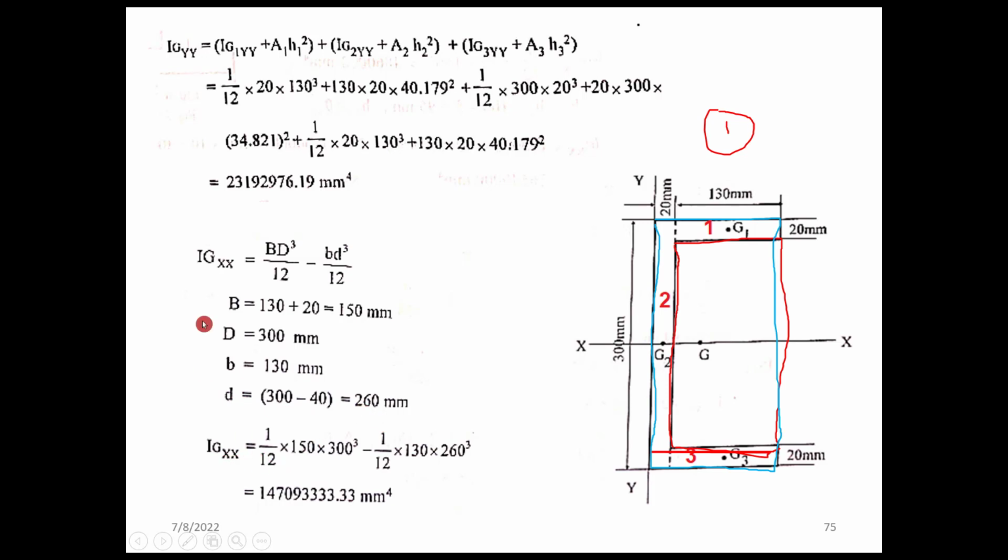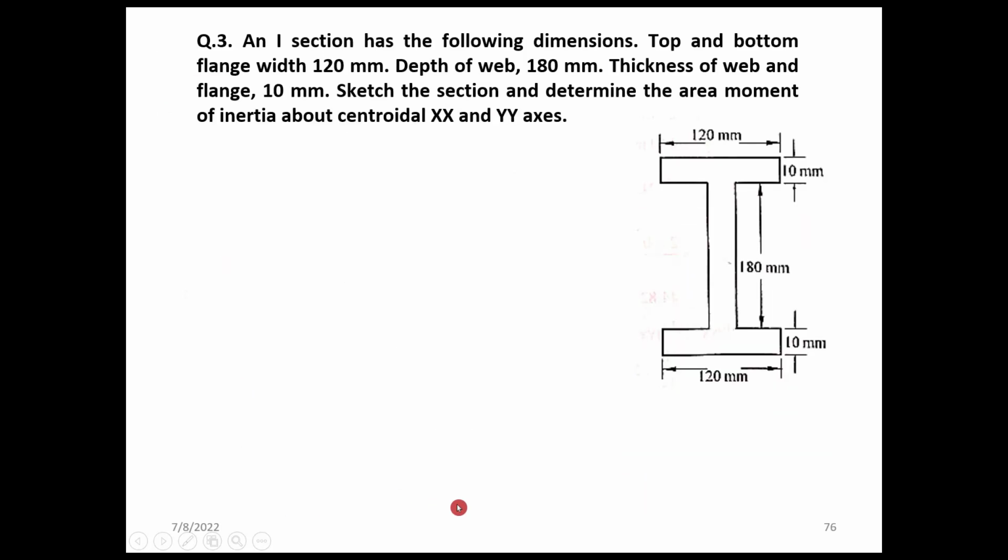So the first portion is 1 by 12 into 150, the base width, into d cube, 300 cube, minus 1 by 12 into 130 into 260 cube, 260 being the depth of this small rectangle, will give you directly the IGXS value. So this gives you an idea that you could even perform the moment of inertia calculation in an easier way when there is a symmetry advantage.